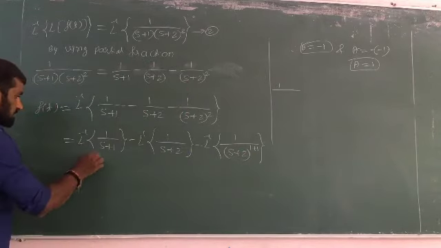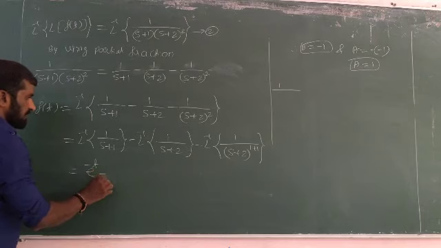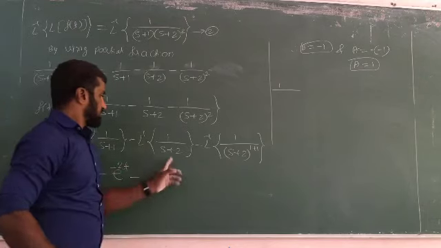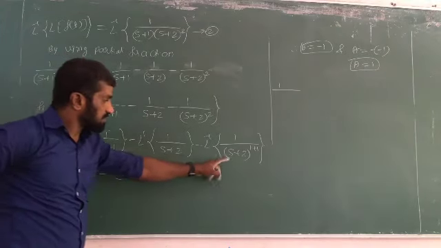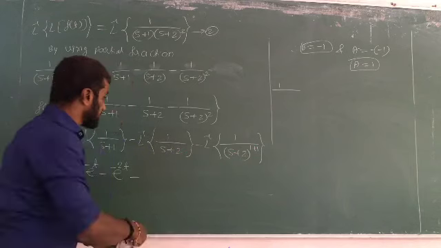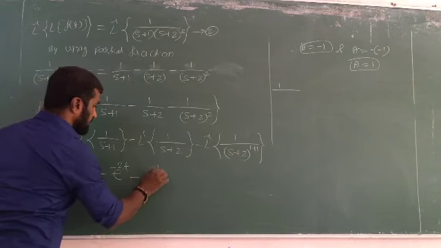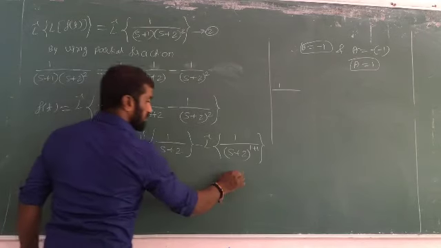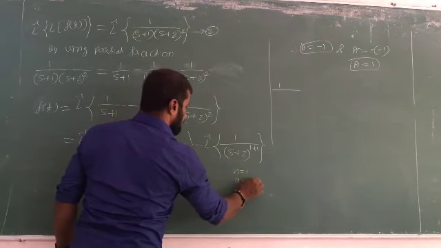So that equals e raised to minus t minus e raised to minus 2t minus, and this is exactly exponential form. S power n plus 1 expression gives e raised to minus 2t into t raised to n divided by n factorial. Here n value is 1 and a is equal to minus 2.